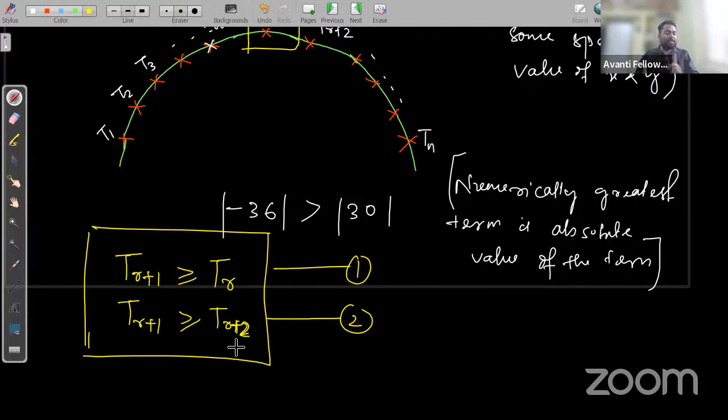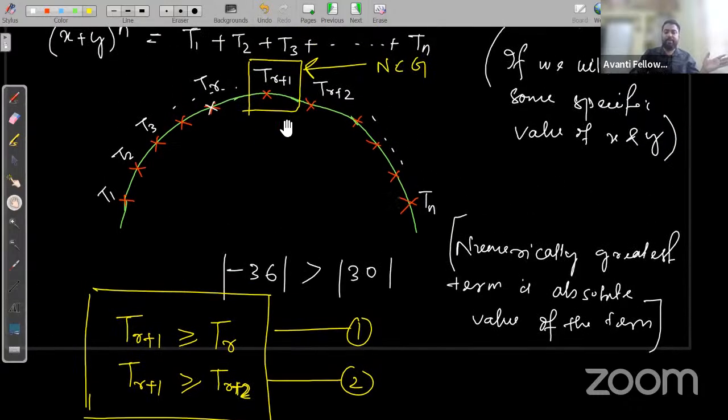Always remember, the numerically greatest term is greater than or equal to its immediate right term and also its immediate left term.